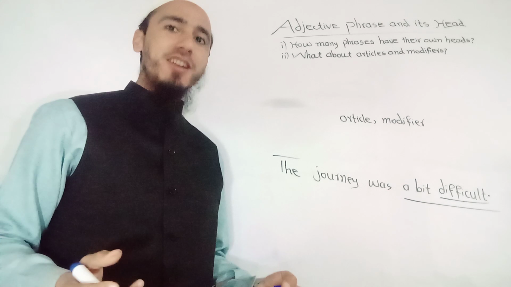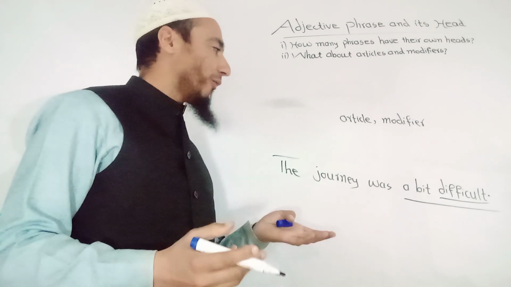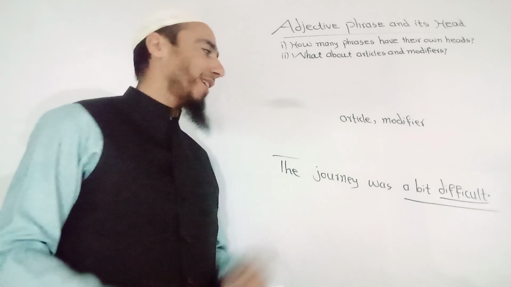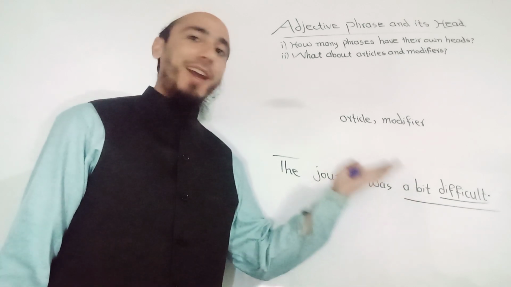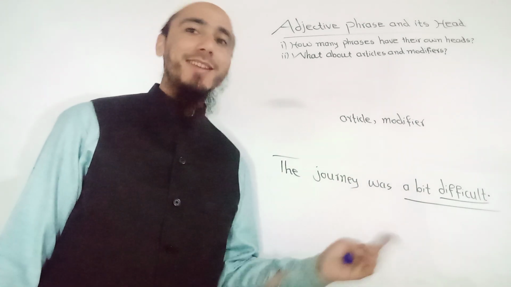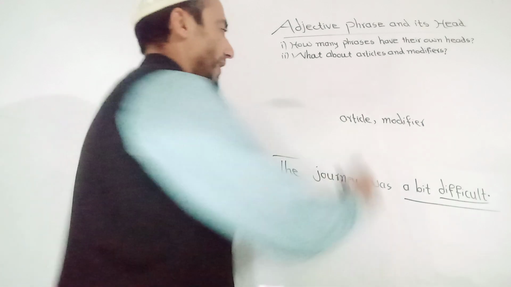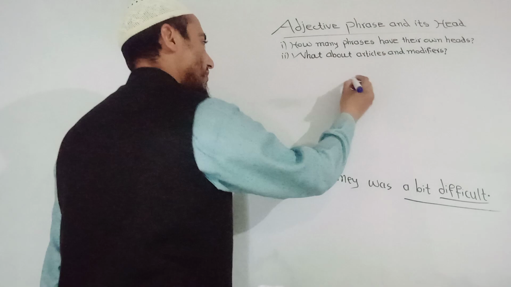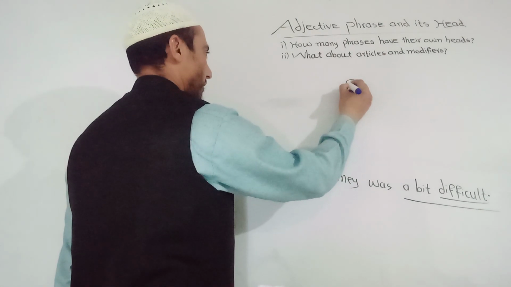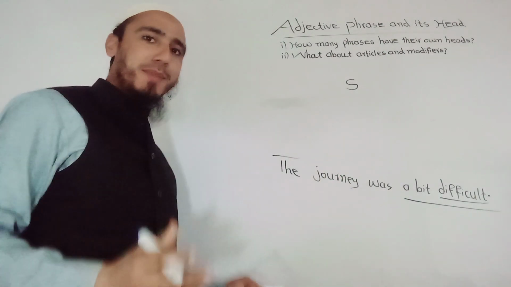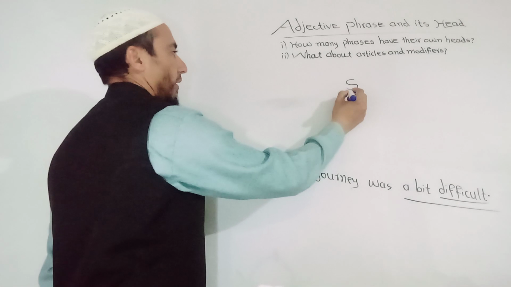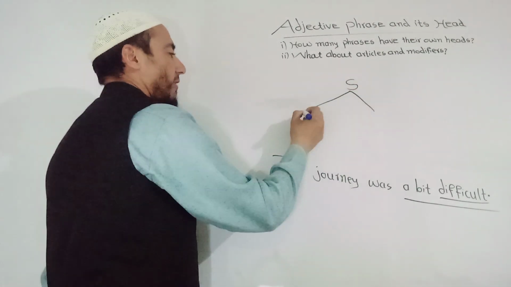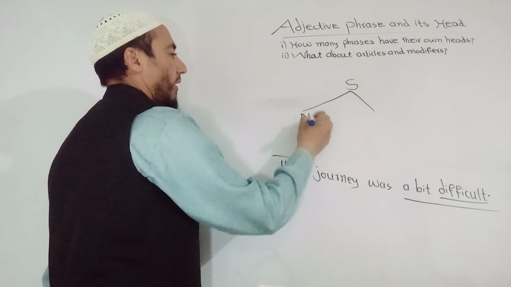Now syntactically, with the help of tree diagram, how can we understand that adjective phrase has its own head? Let me draw it. Tree diagram. We have S. S means sentence. In sentence, we have two basic components, like we have NP.